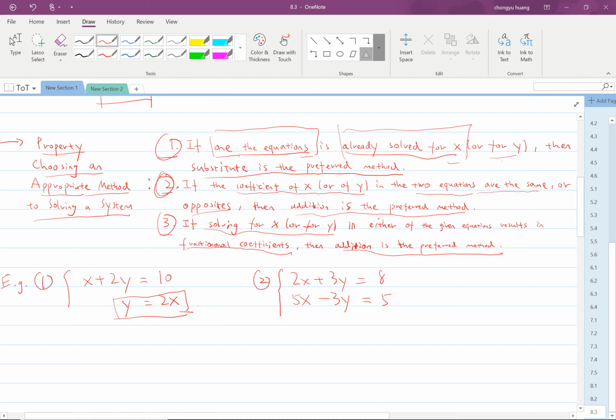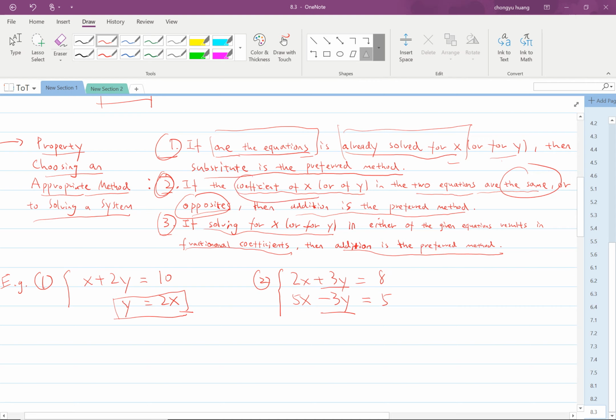There's not much explanation needed here. As you can see, the two equations have the same or opposite coefficients. In this case, it is opposite, right?